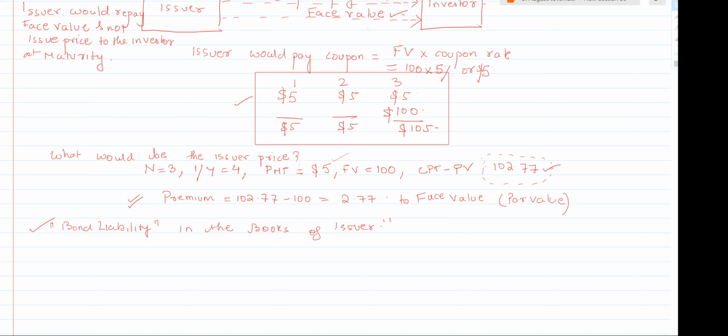And this bond liability would be classified as a non-current liability. And guys, since the issuer is making interest payments to the investor every year up till maturity, the issuer would also book an interest expense in the income statement every year.